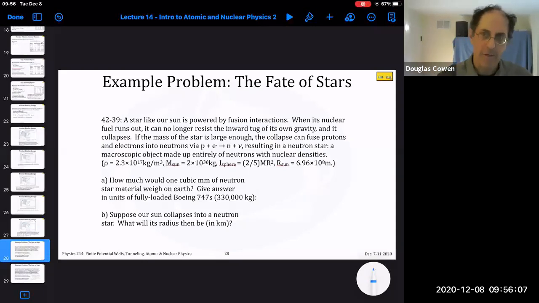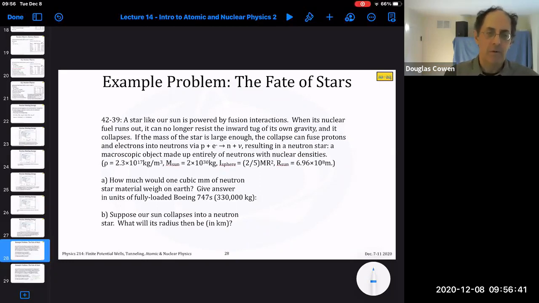What can also happen in those instances is if there's enough mass of the star, then when it falls onto the iron core, it can have enough mass to crush all of the protons and electrons together and cause the iron to not be elemental iron, but instead to make everything into basically one gigantic nucleus. And this is called a neutron star, which is a macroscopic object made up entirely of neutrons with nuclear densities.